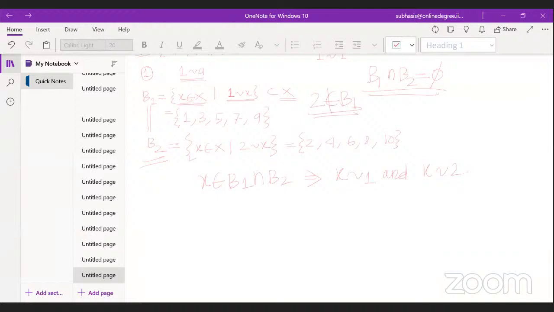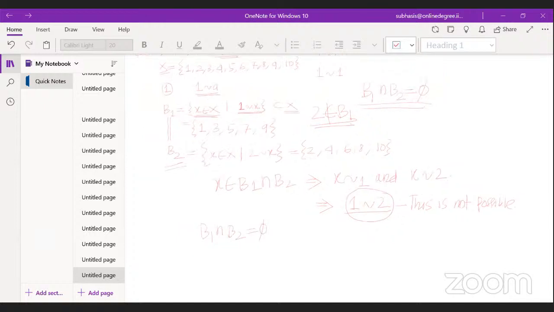But you know your relation is transitive. So then you will get 1 is related to 2, but this is not possible, right? So that's why B1 intersection B2 is empty.